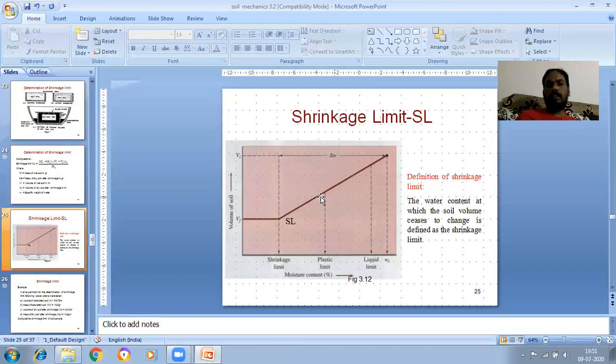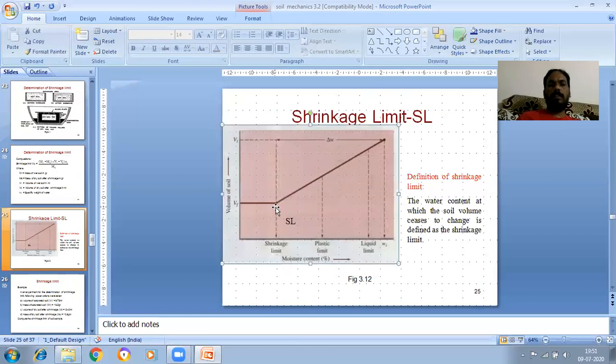So in the plastic state, as the water content is decreasing, the volume is also decreasing like this, because the corresponding water content is here. Suppose at the plastic limit, this is the corresponding volume. So the volume is decreased. Further, if you decrease the moisture content from the plastic limit to the shrinkage limit, what will happen?